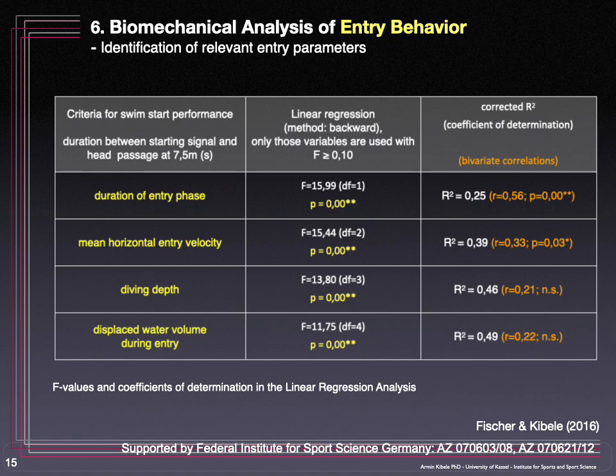The corrected R-square values on the right, representing the coefficient of determination, increased from 25% explained variance with the duration of the entry phase only to 49% explained variance using all four of the above highlighted factors.